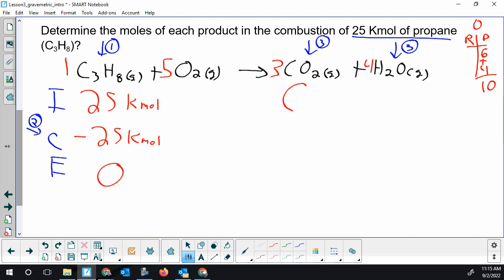So there'd be no CO2 before the reaction occurs. We're going to have to do the change. So let's see, 1 propane makes 3 carbon dioxide. That's a tripling. So 25 tripled is 75.